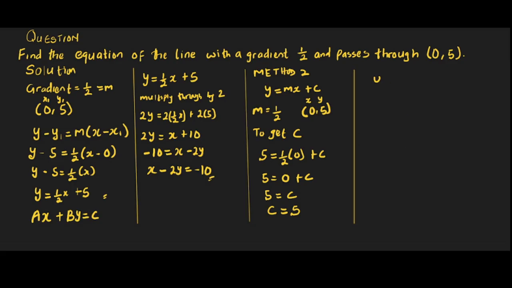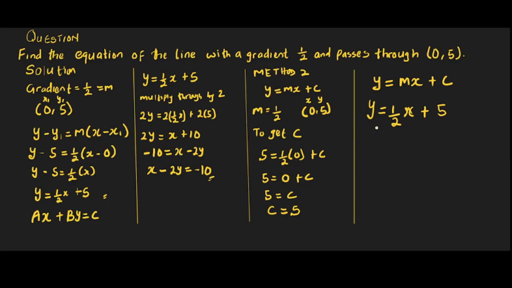Now we have y equals mx plus c. We now have the value of our m and the value of our c. We can substitute those values to get the equation of the line. We have y equals our m, 1 over 2 x, plus our c, which is 5.